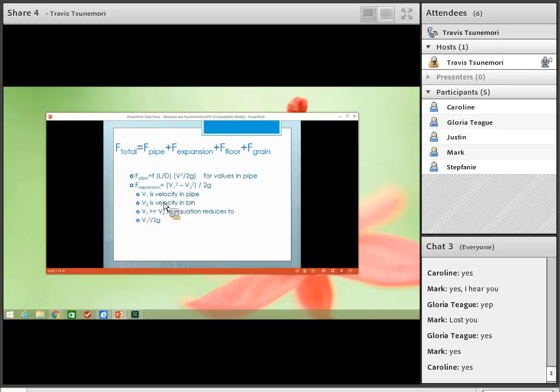And we also know that the friction loss due to expansion is going to be V1 squared minus V2 squared divided by 2g. And as we did last week, we can make some assumptions. If V1 is the velocity in the pipe and V2 is the velocity of the air in the bin, we know that V1 has to be a lot greater than V2 because the cross-sectional area for V1 is a lot smaller than the cross-sectional area for V2. So then the equation reduces to V1 squared over 2g for the expansion.